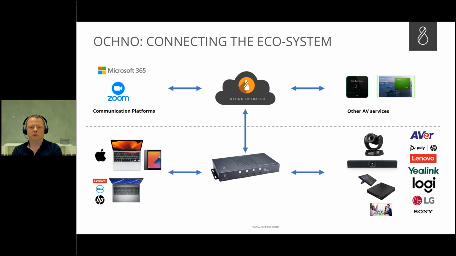That is the core of Ocno here. To make that even better and add more value on top, we also have a cloud service called Ocno Operated, which communicates and connects to our hardware and provides it with different features. In the same way that we work on the hardware side, we also work on the cloud side to integrate different cloud services on the left side and on the right side. So we try to be an aggregator also on the cloud services side. That's where you find Ocno in the meeting room.